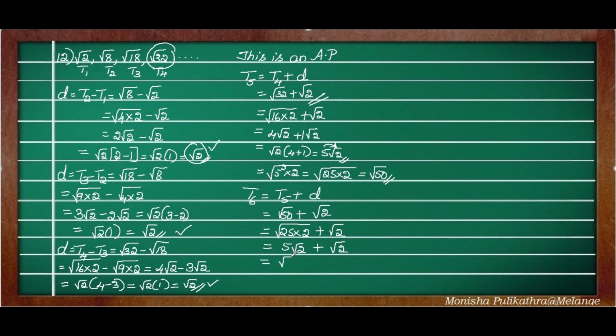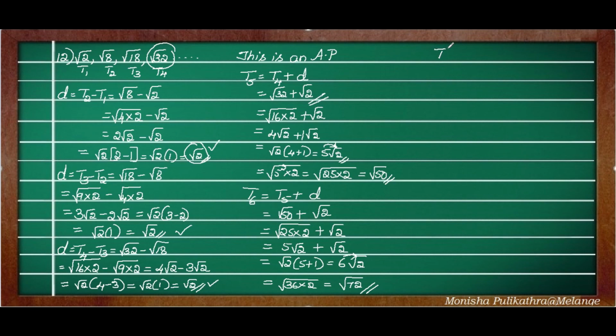Then add it. When you take root 2 common, you will get 5 plus 1 and it will become 6 root 2. After this you need to put the 6 inside the square root and it will become a square, right? So 6 square is 36. 36 into 2. So what is 36 into 2? It is root 72. So this is the 6th term.